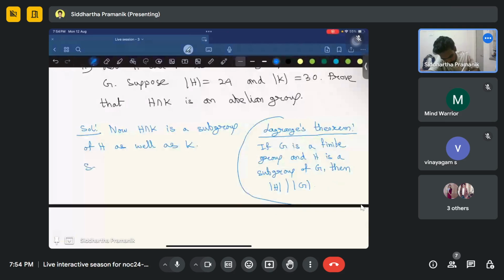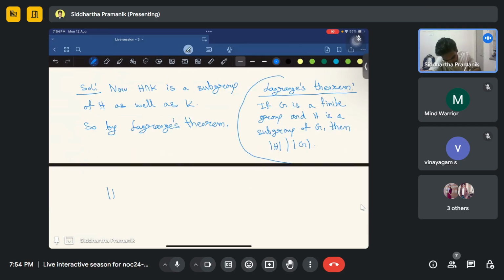So by Lagrange's theorem, the order of H intersection K must divide the order of H, and the order of H intersection K must divide the order of K.